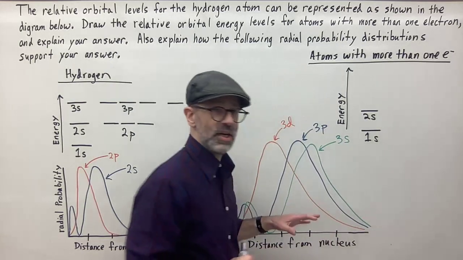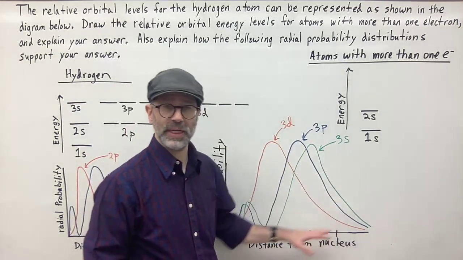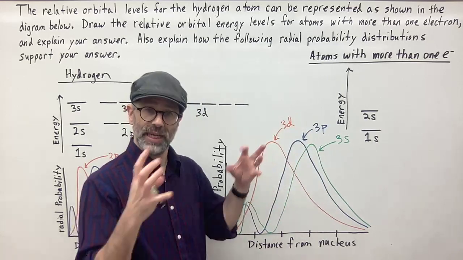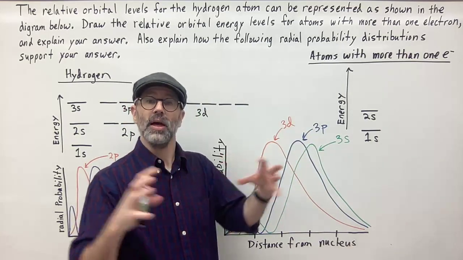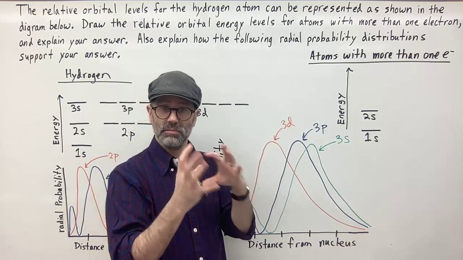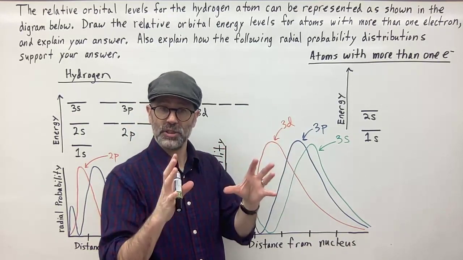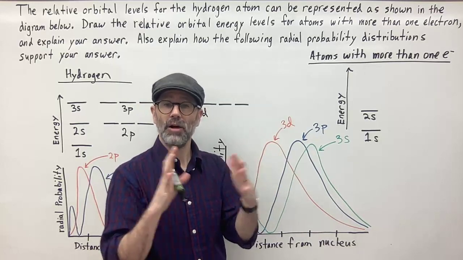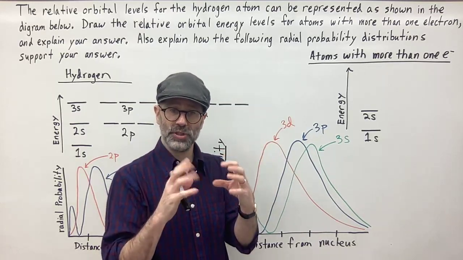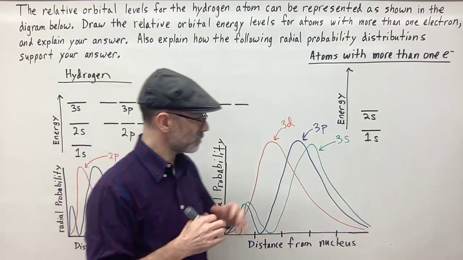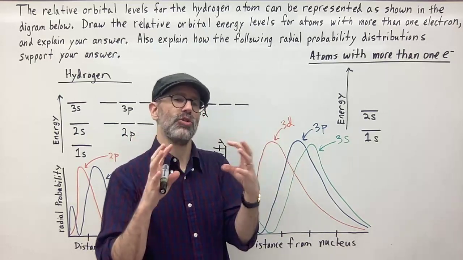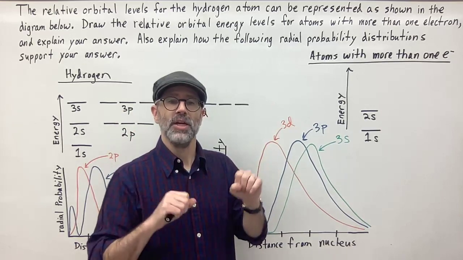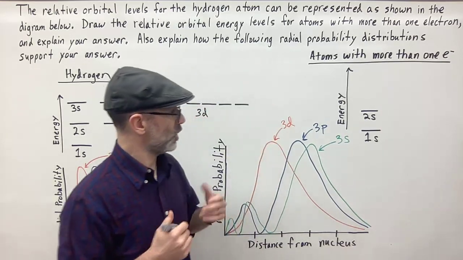But because of the energy level splitting due to the electrons occupying the same space, they're now going to have these repelling forces. And now, because of those repelling forces, you're going to have this shielding effect, right? So shielding effect can now occur.